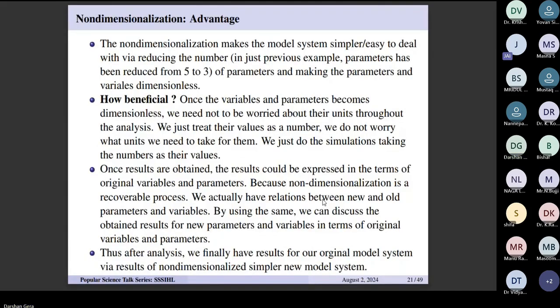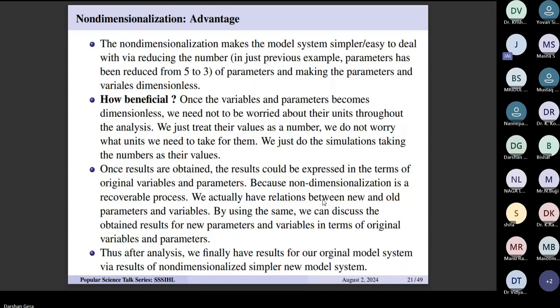Now, what are the advantages? As I told you, if you non-dimensionalize any system, how is it beneficial? First, as you have seen in the previous example, from 5 parameters you are left with only 3 parameters, so it makes the given system very much simpler. Once the variables and parameters are unit free, you can do the analysis of the system without taking care of units and dimensions.